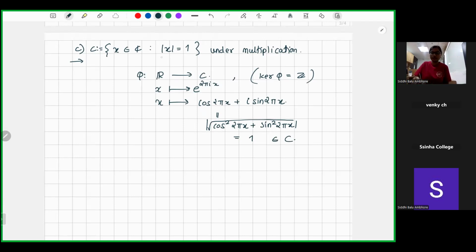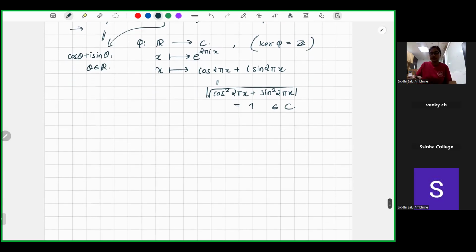Every element of this set is of this form, cos theta, comma, sine theta. You can check this. Try to prove that these two are actually equal. And when I write this, it actually means cos theta plus I sine theta, where theta belongs to R. You can check this.